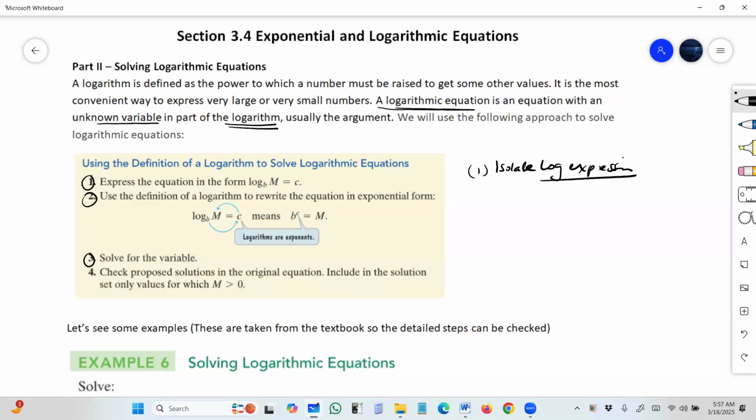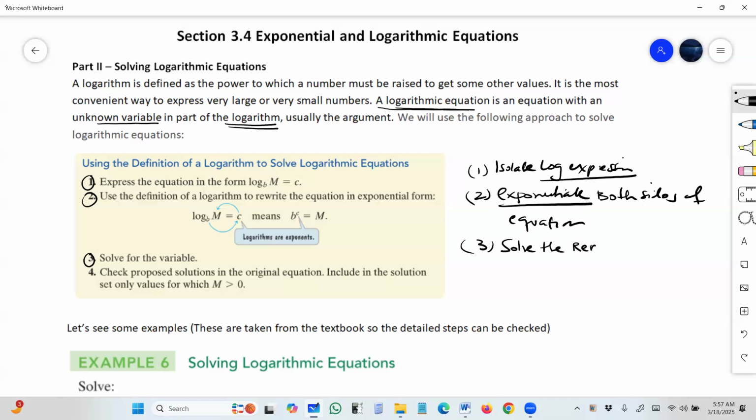And then two, we're going to exponentiate both sides of the equation. And then we're going to solve the remaining equation.